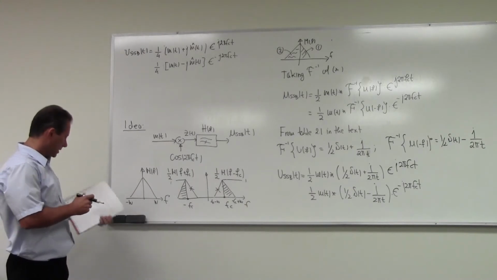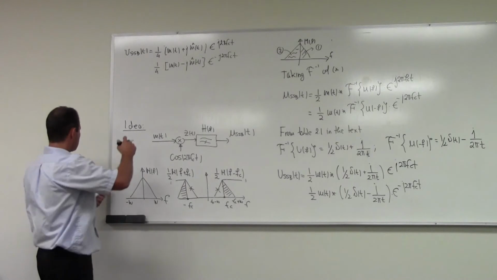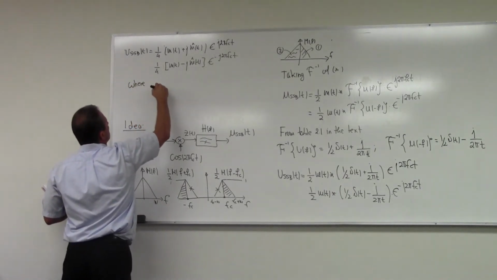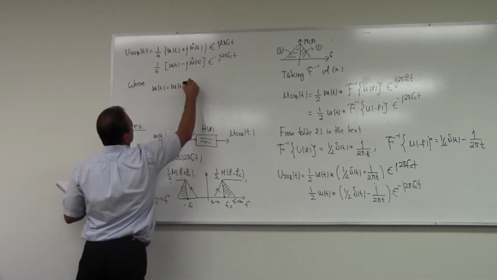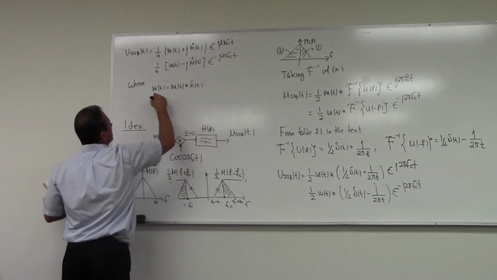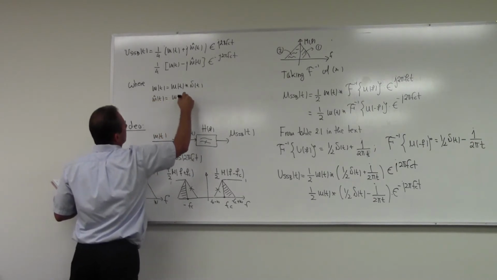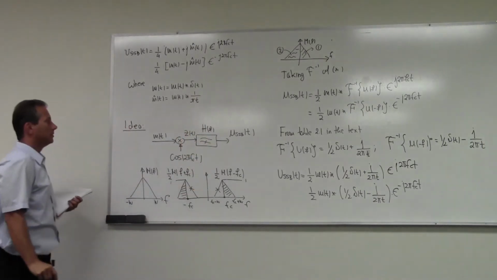So I can say here where m of t is obtained as m of t in convolution with delta of t, and this m hat of t is m of t in convolution with this 1 over pi t, whatever that may be.